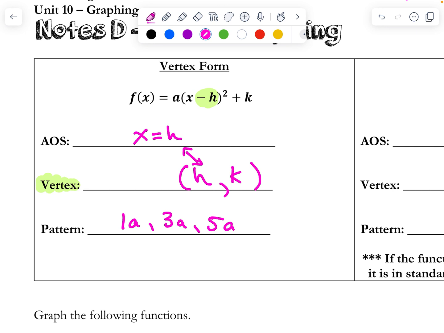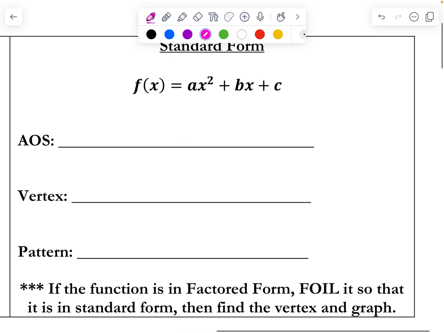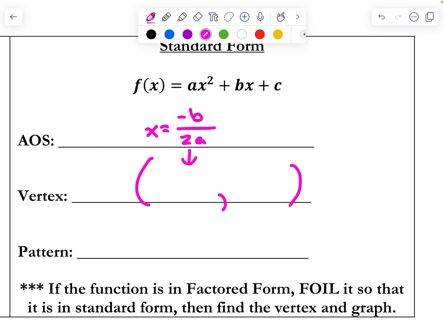Cool. Now to find the axis of symmetry using standard form, we need to learn the way to find that, using this formula here, which is negative b over 2a, negative b over 2a. And now let's go ahead and write my vertex. So remember, if this is my axis of symmetry here, the x of my vertex, negative b over 2a, then therefore my x is going to be negative b over 2a.